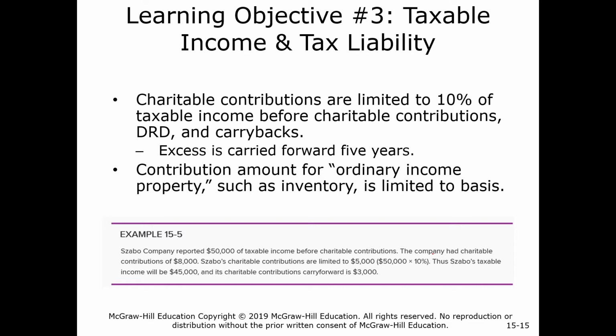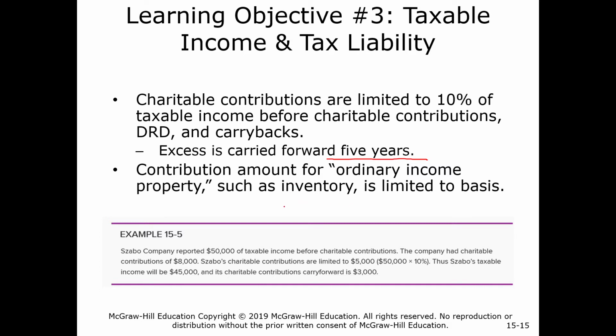And then we have to add back dividend received deductions and any carrybacks. If we have an excess of charitable contributions that we were not able to deduct in the current year, then we can carry those forward for 5 years. So 5 years again is the threshold for capital loss carryover and charitable contribution carryover.